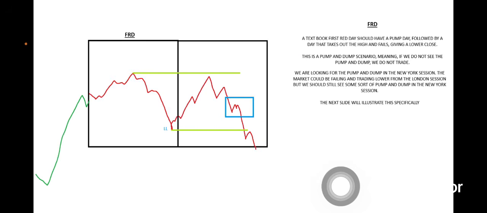All right. Now here we're looking at lower lows and stuff like that when it comes to something like a first red day trade. So here, first red day, okay? A textbook first red day should have a pump day, all right?